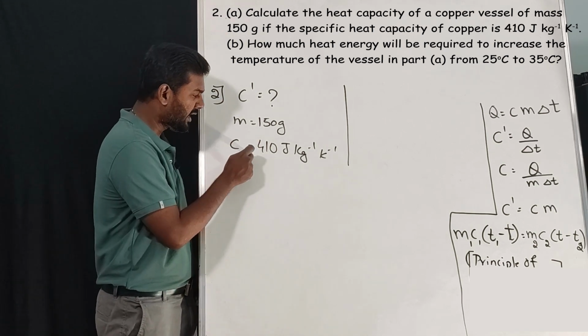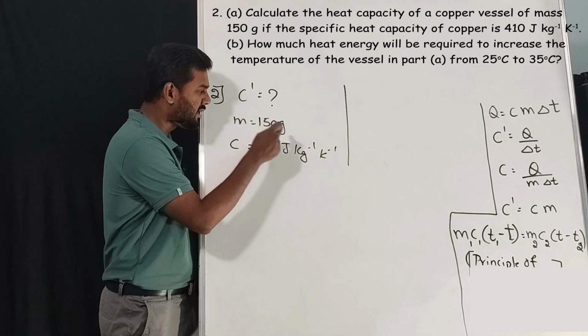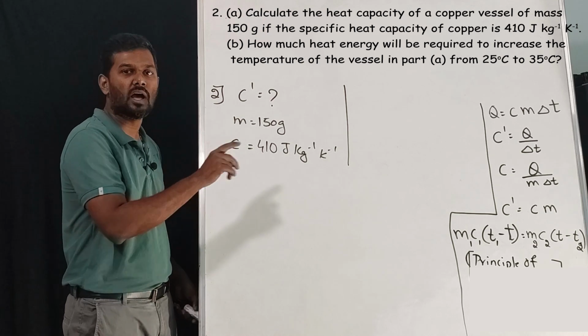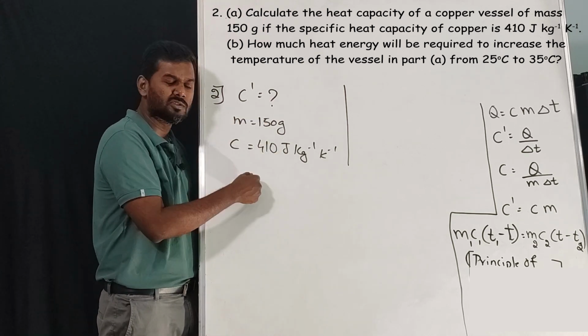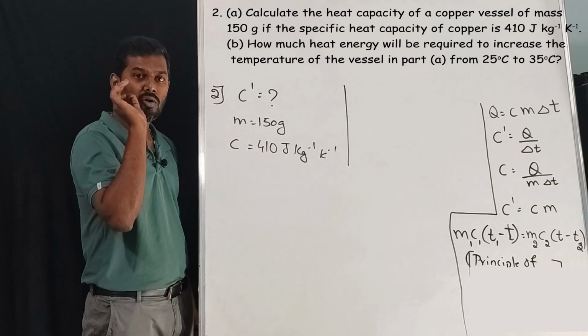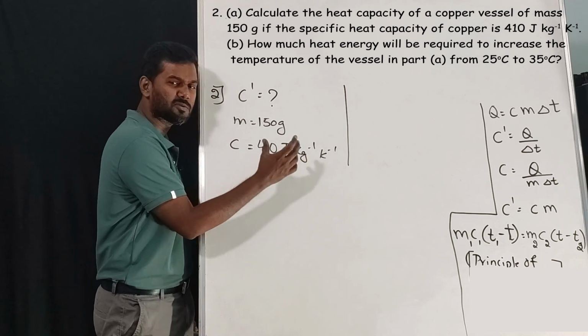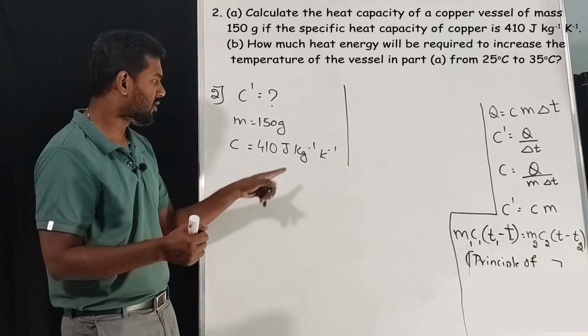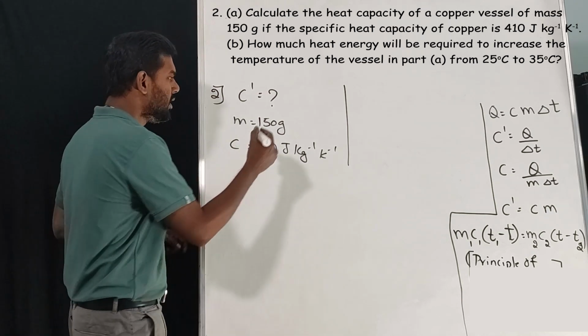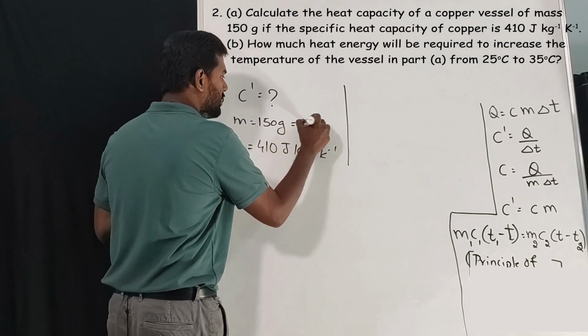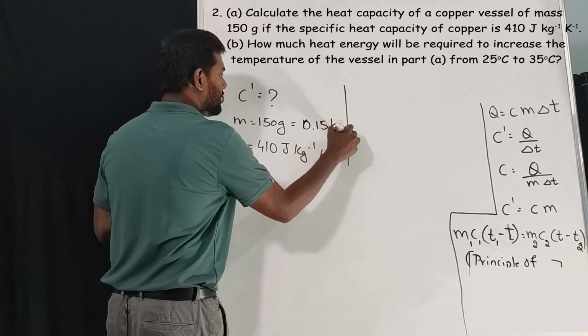If specific heat capacity is in terms of grams, there is no need to convert. So in a few questions we will not convert into kg, but in a few questions we will convert into kg. You have to be very careful with the unit of specific heat capacity. Anyhow, it is given in terms of kg, so we have to convert this into kg. This will be 0.15 kg.